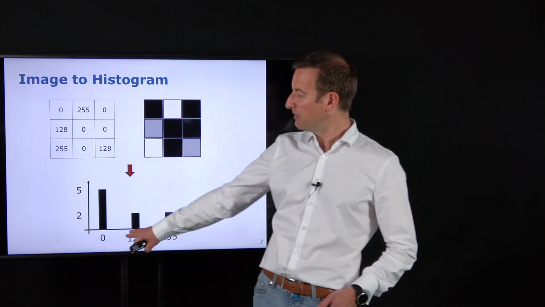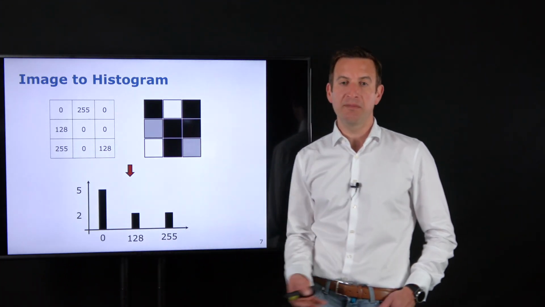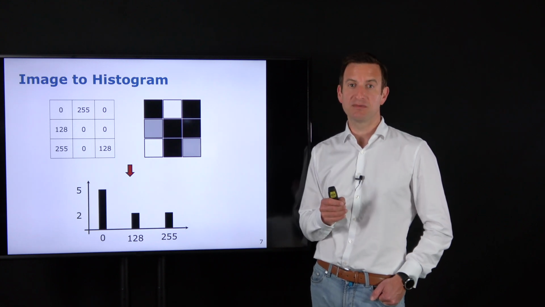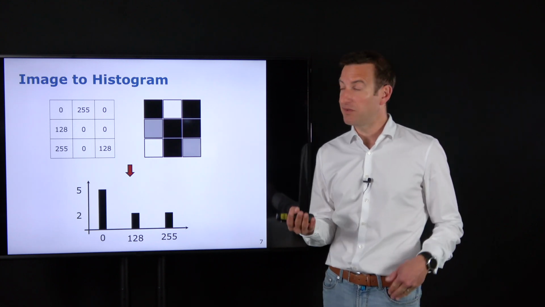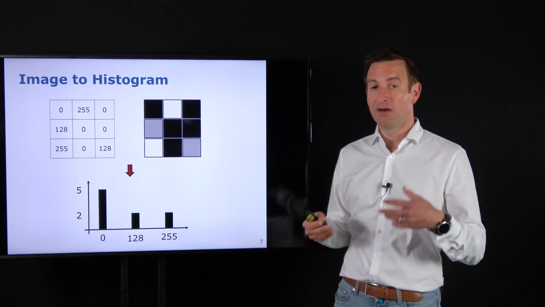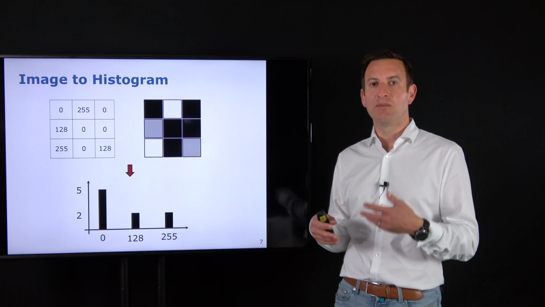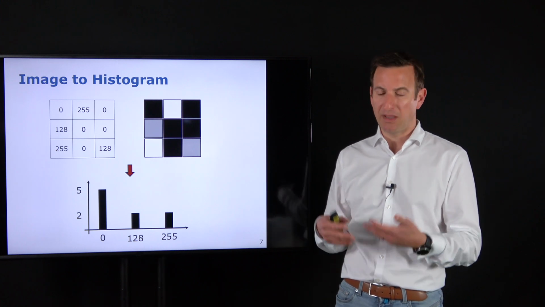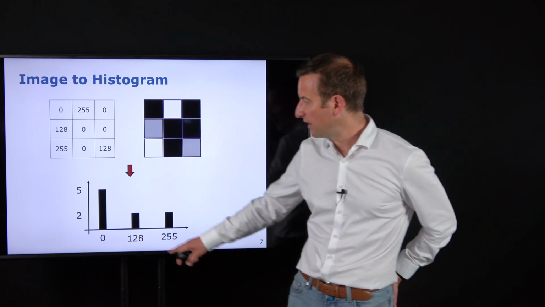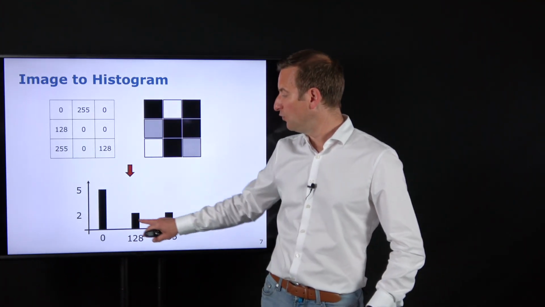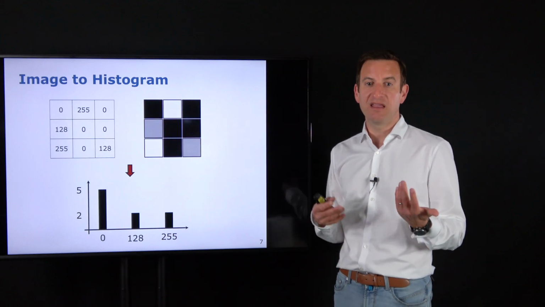And this then gives me my histogram over the possible intensity values that occurred in my very simplistic image. I can also turn this again into a probability distribution, or the probability of, if I draw a random pixel, what's the probability of this pixel being white or black? Then I would take here 5 divided by 9, because I have 9 pixels overall, and 2 divided by 9.